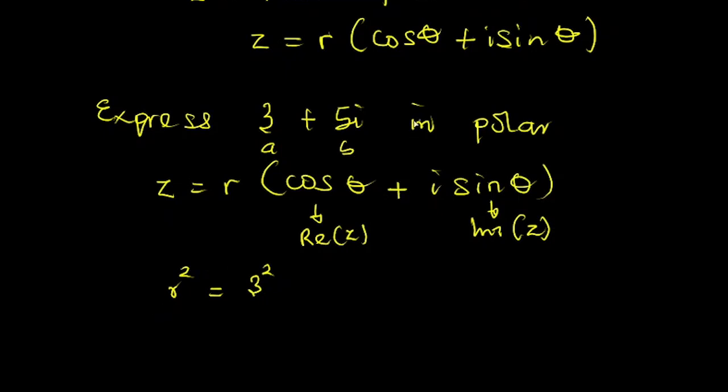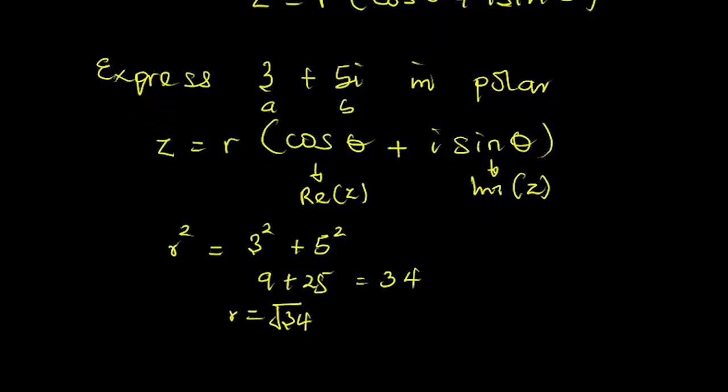Then the arrow is the hypotenuse, which is the vector itself, and we're looking for the magnitude of that vector. So 3 squared plus 5 squared will give us 9 plus 25, which is equal to 34. So therefore r is equal to the square root of 34.